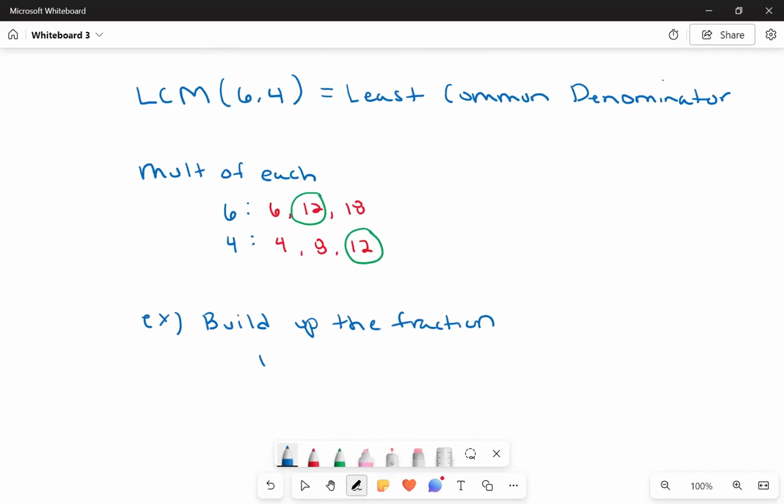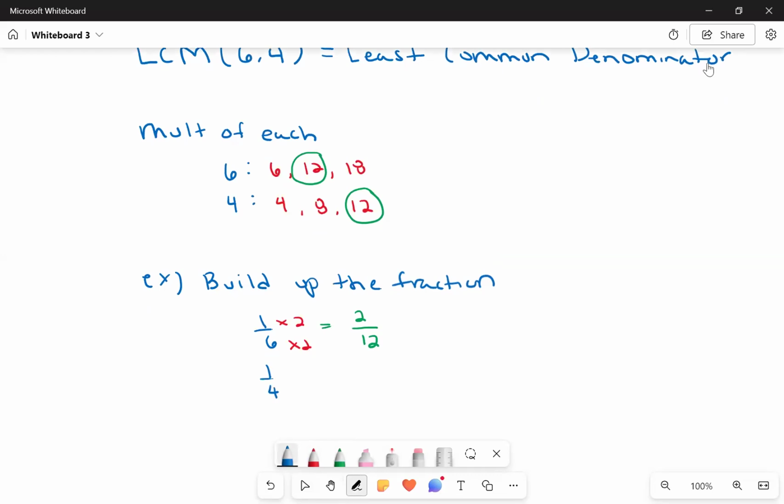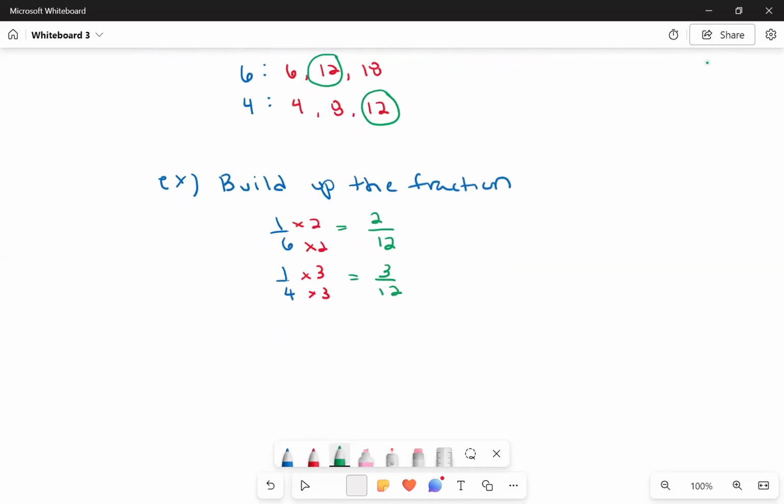So what I would do is take 1/6 and multiply top and bottom by 2, which gives me 2/12. And then I could take 1/4 and multiply top and bottom by 3, which gives me 3/12. And that, again, allows me comparison without drawing the picture, but instead using the fundamental rule. Awesome.